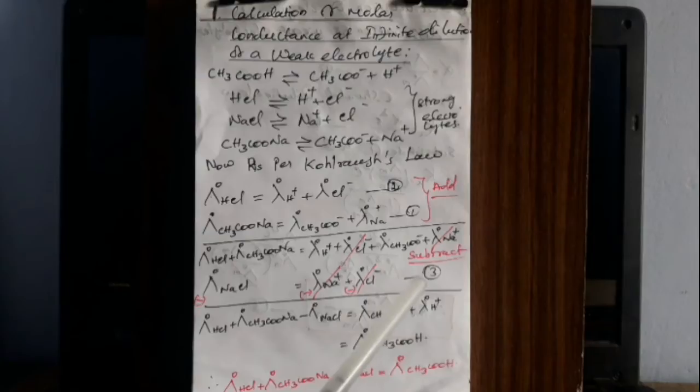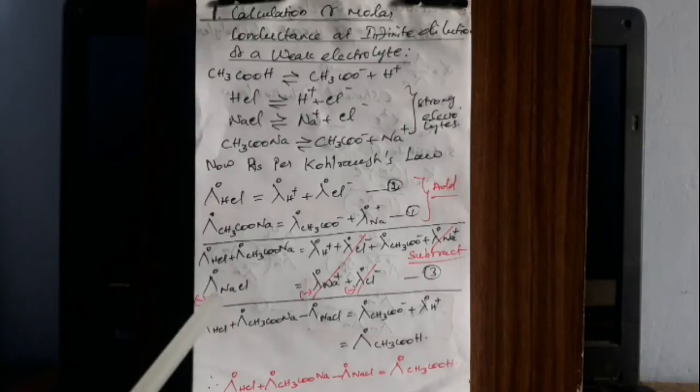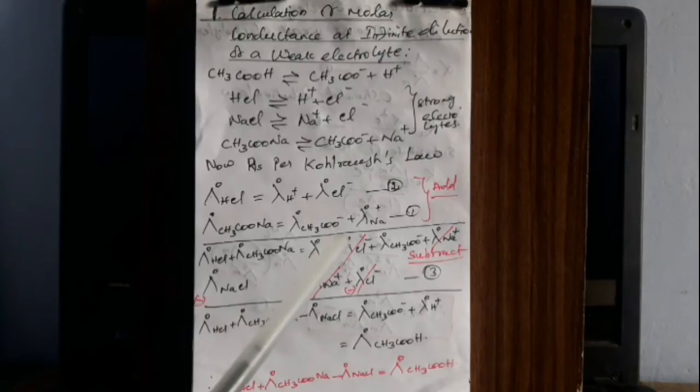Na plus cancels, Cl minus cancels. The balance is lambda 0 H plus and lambda 0 CH3COO minus. So this is lambda 0 CH3COOH, the molar conductance of acetic acid.